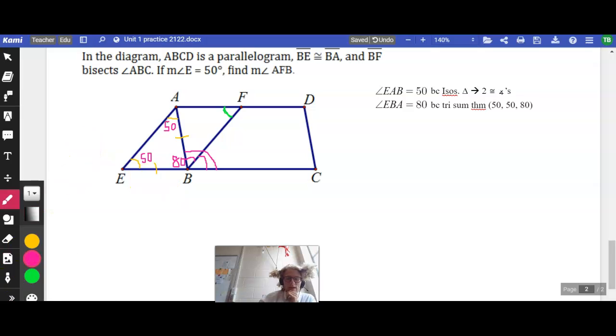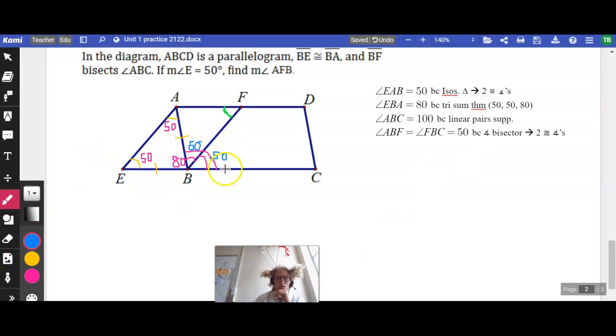So I'm going to do that. So that whole angle was 100 because linear pairs are supplementary. And then ABF is congruent to FBC, and they're both equal to 50 because an angle bisector creates two congruent angles. Now, from here, there's a couple different places you could go.